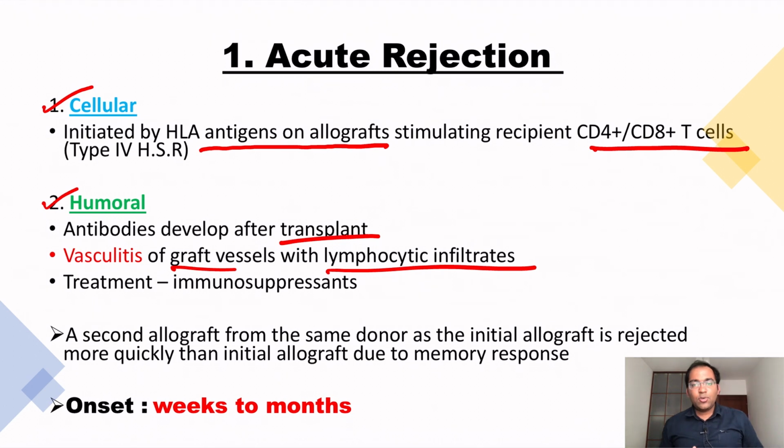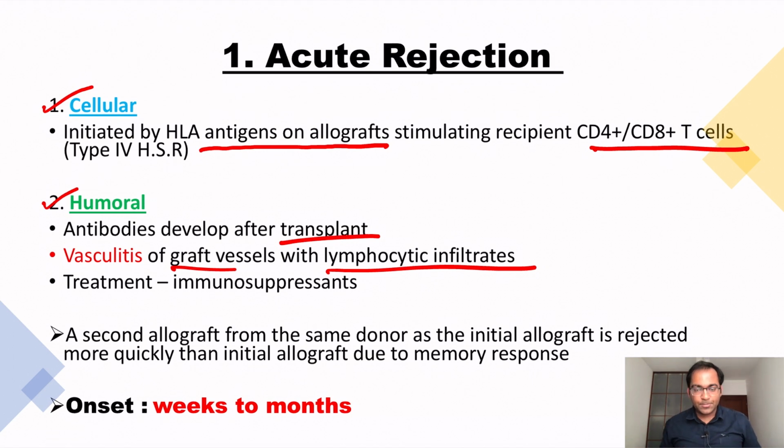Now if you decide to do a second allograft, for example, I take the first graft from my friend and I rejected it. If you take the second allograft from the same donor, will my body again reject it or will it accept it? The answer is it will reject it again, but this time much faster. Why?